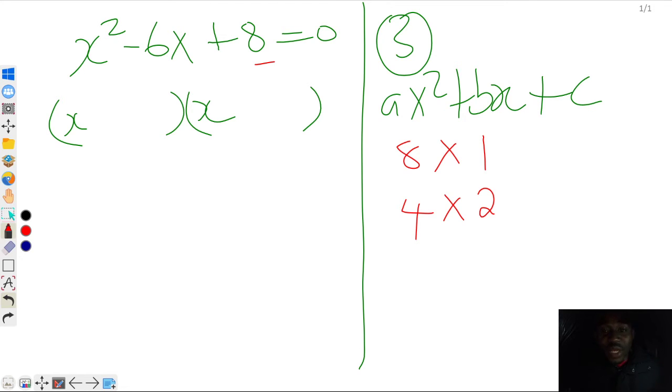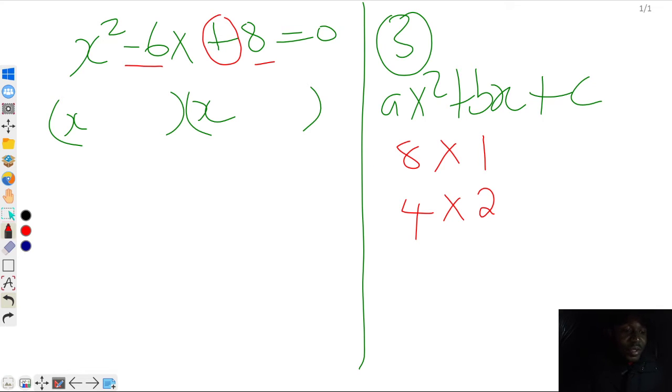We are looking for two numbers that when we multiply them, they give us 8, but when you add them, they give us -6.